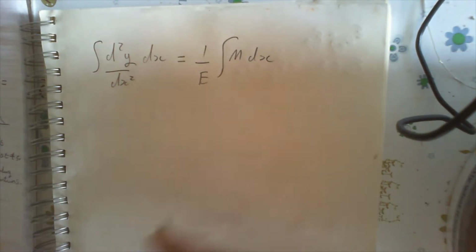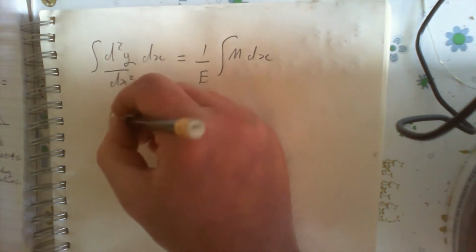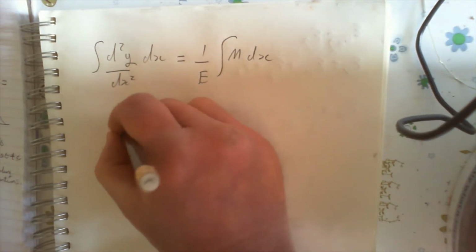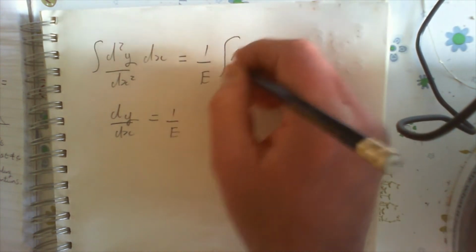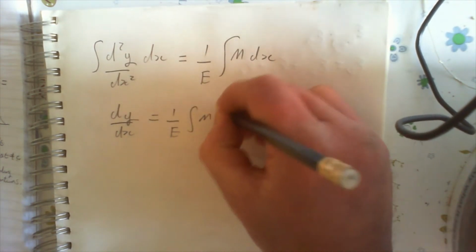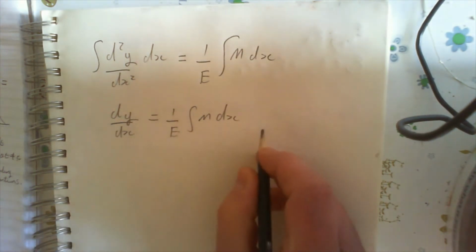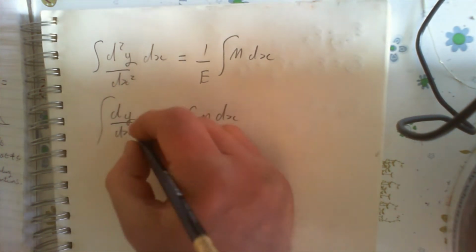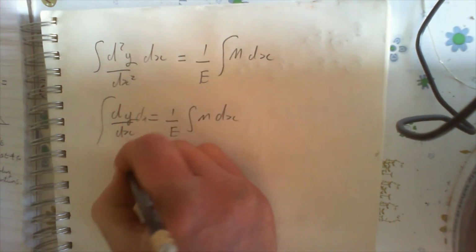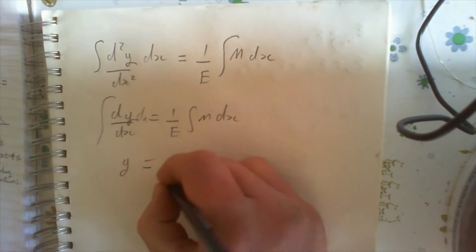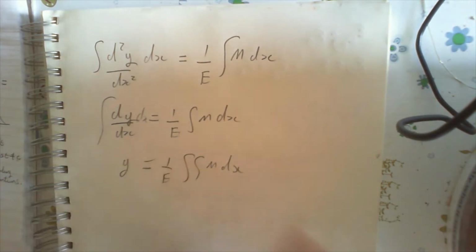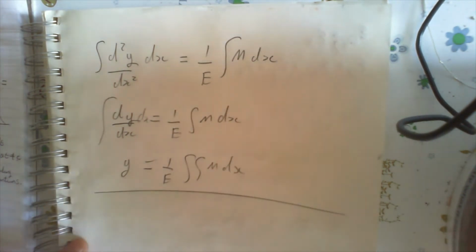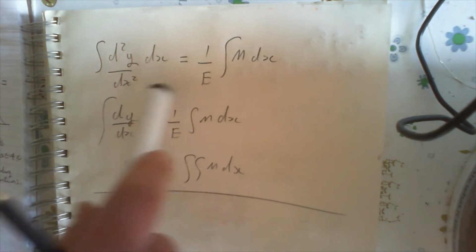Right, and what that will do is give us dy by dx equals 1 over EI times this integral, and then if we want to find y again, we'll just integrate this again, and that will give us y. Something like that.